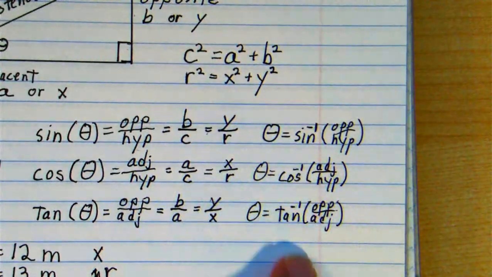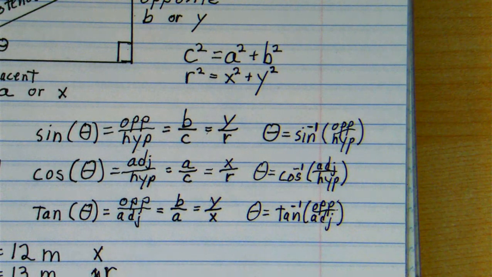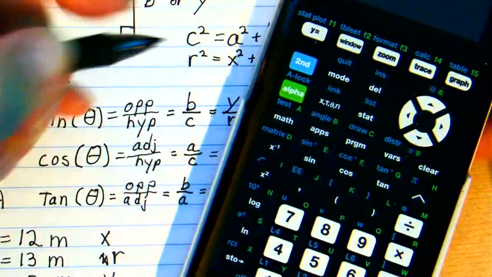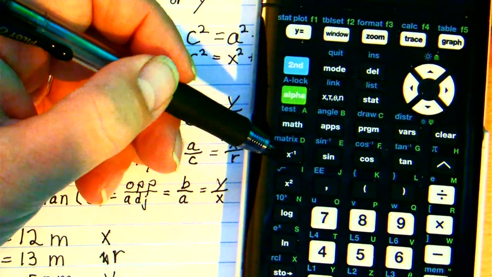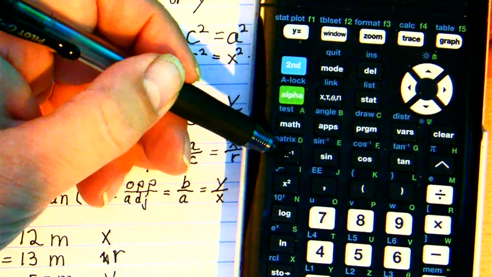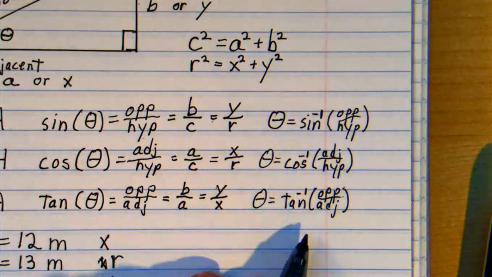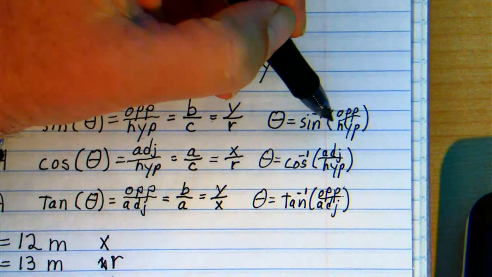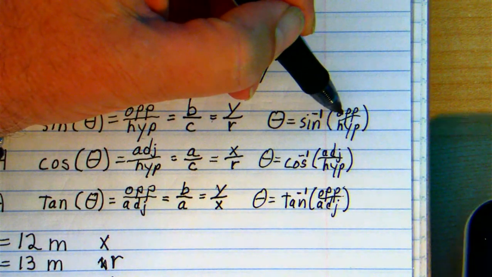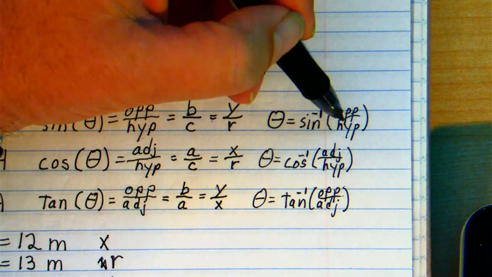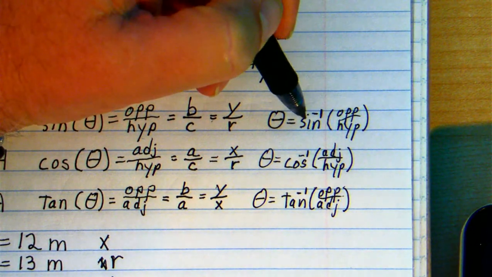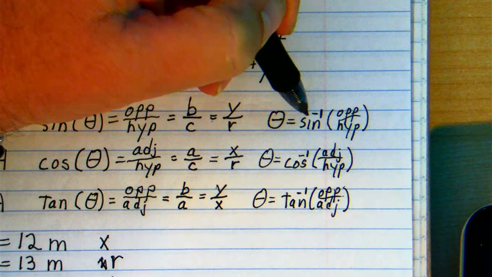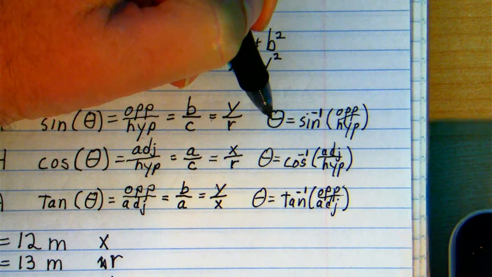So how do we do this on a calculator? A mistake would be to use the 1 over x button, the x to the minus 1 button. That's not what this is saying. This is saying, look, I'm going to give you, calculator, the ratio. Please, in return, tell me what angle that corresponds to.